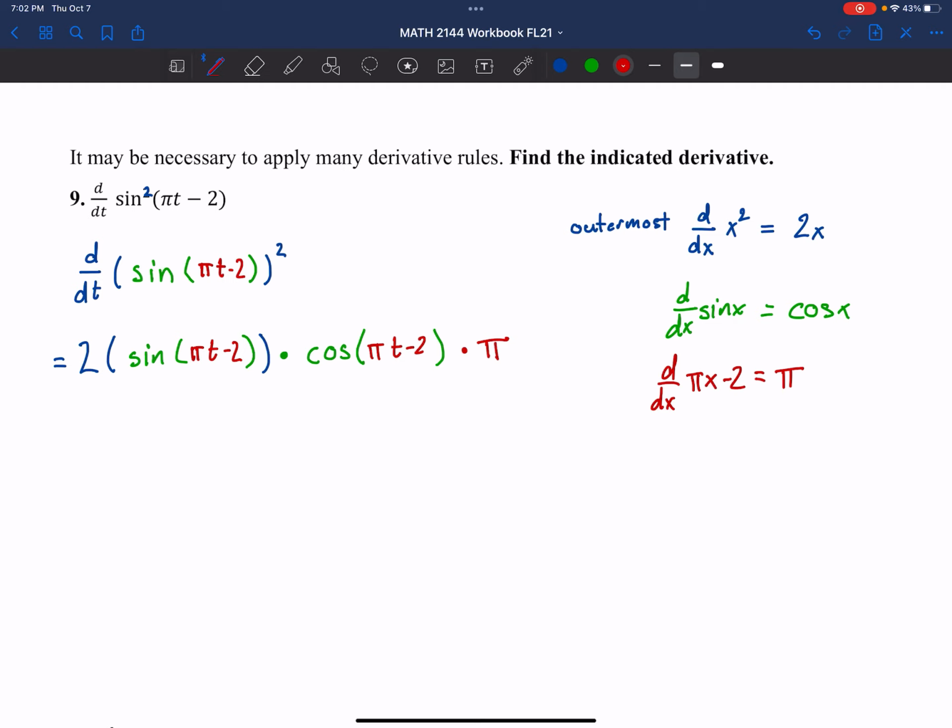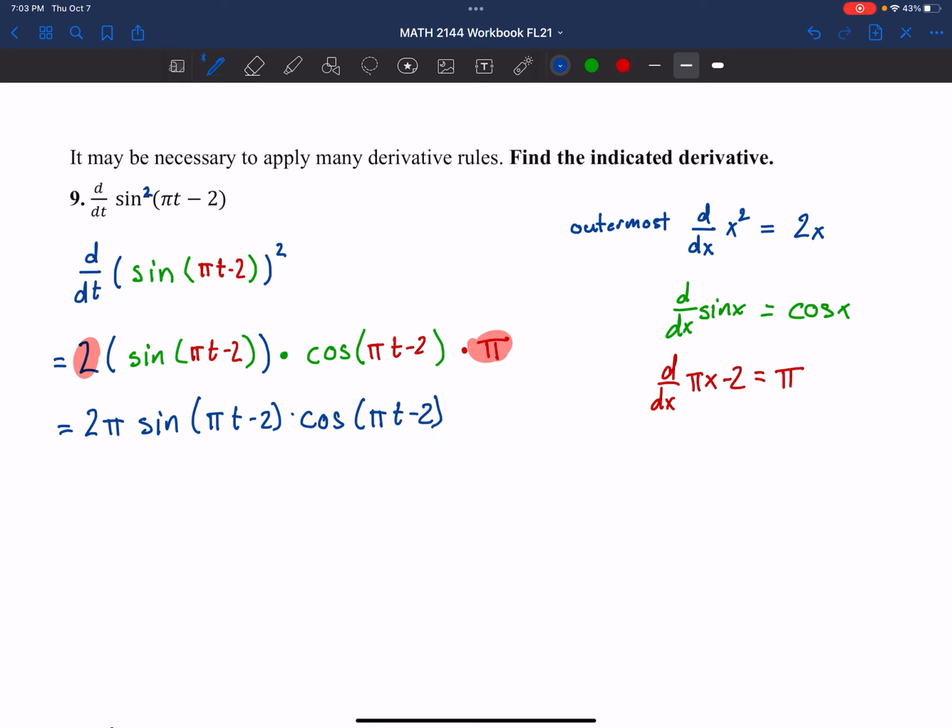So it's quite a lot to look at, but when all is said and done, just keep track of what we have. We have this pi and this 2 being multiplied. So this is going to be 2 pi. Then we have times sine of pi t minus 2 times cosine of pi t minus 2.